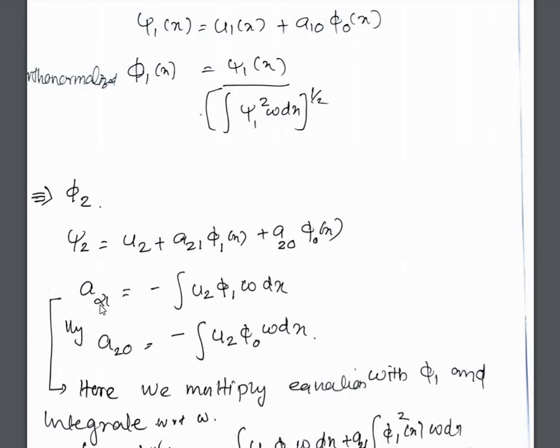So we will get a21 as minus integral u2 of x phi 1 of x w of x dx. Similarly, we will obtain a20. For that we multiply the whole term with phi 0 of x, and this term and this term will vanish, and applying normalization here, you will get a20 as minus integral u2 phi 0 of x w dx.